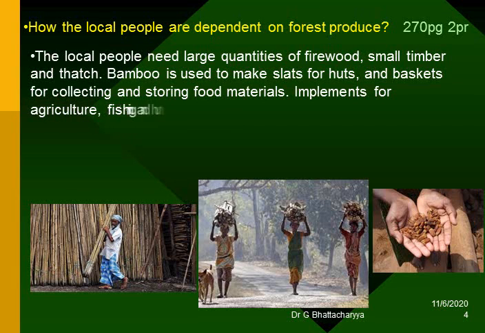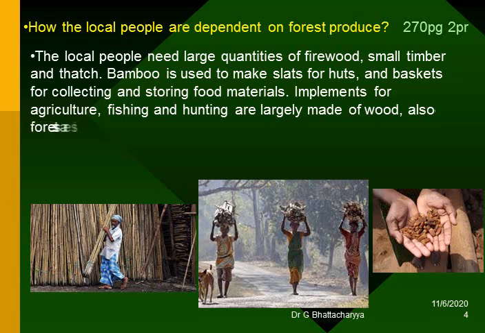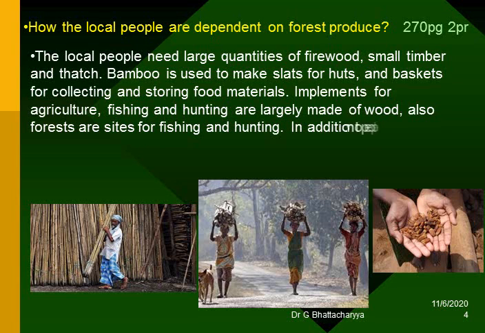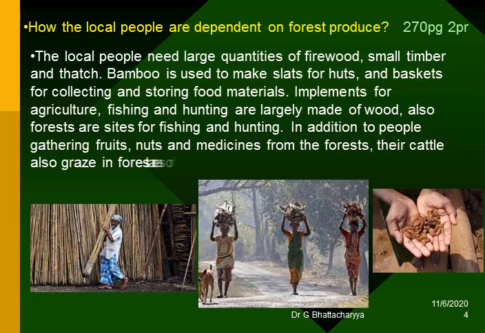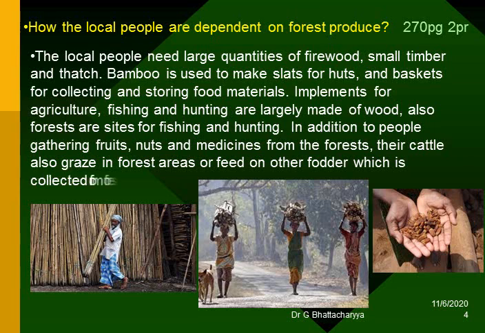Implements for agriculture, fishing, and hunting are largely made of wood. Also, forests are sites for fishing and hunting, in addition to people gathering fruits, nuts, and medicines from the forest. Their cattle also graze in forest areas or feed on other fodder which is collected from forests.